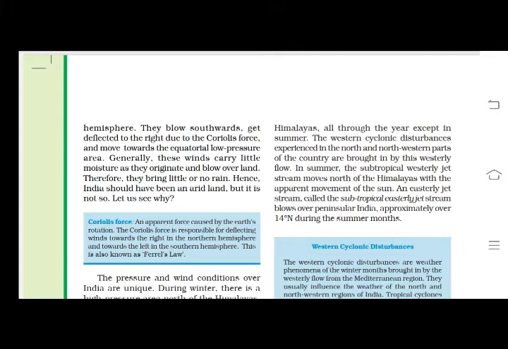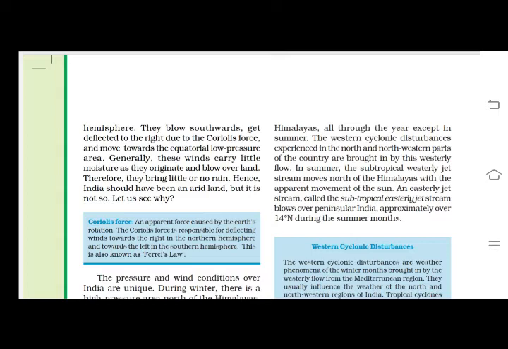In the winter season, they blow towards the Himalayan region, but in summer it is an exception. The western cyclonic disturbances experienced in the north and northwestern part of the country are brought in by this westerly flow.